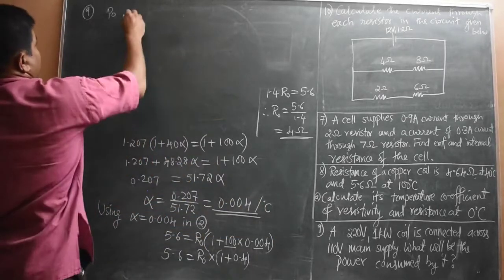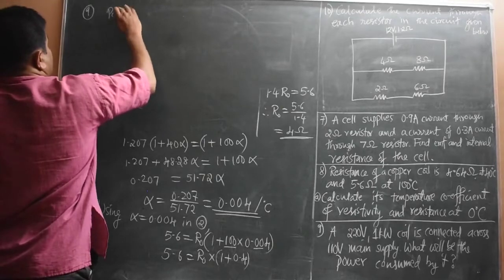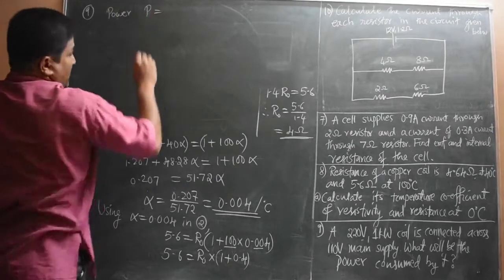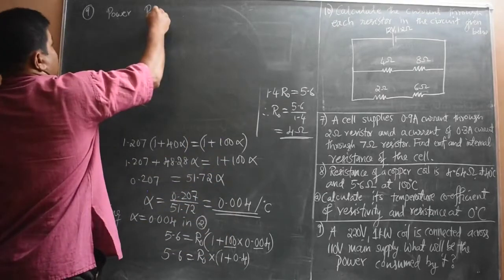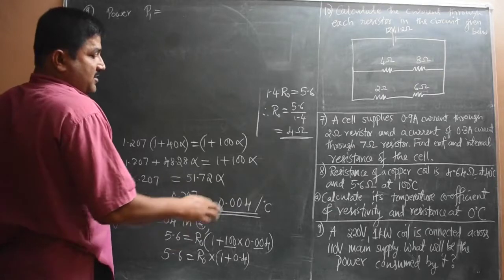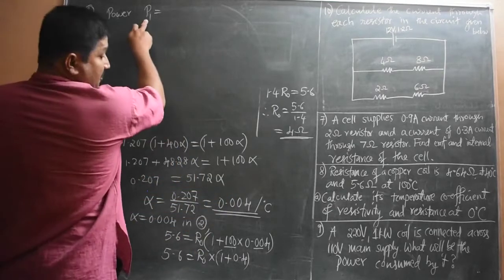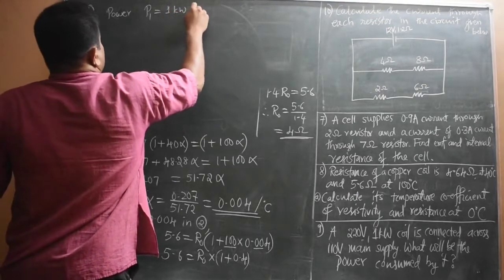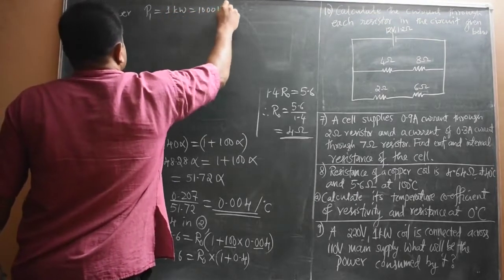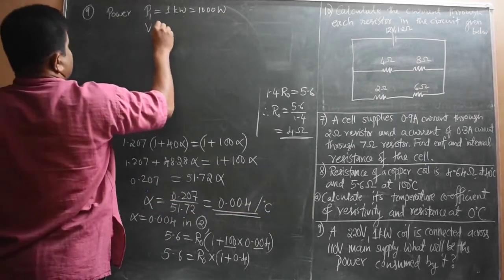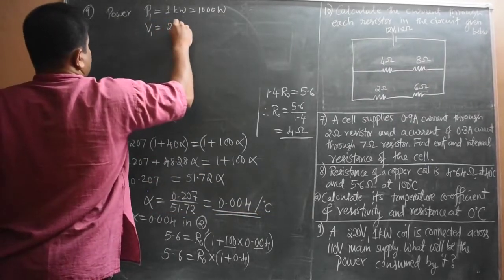The actual power of the coil I write as P1, because in the second case we have to get the power at 110 volt. So P1 is the power, that is 1 kilowatt, I write 1000 watt, and the operating voltage is 220 volt.